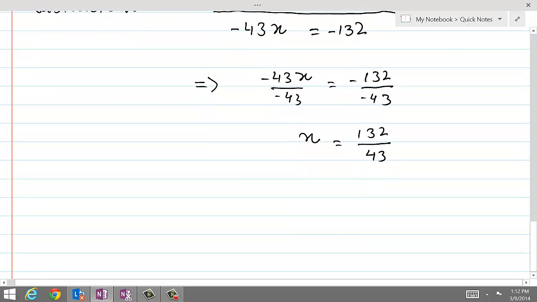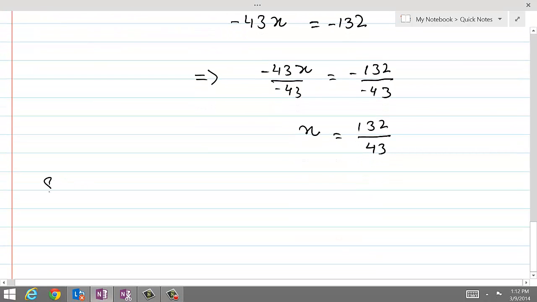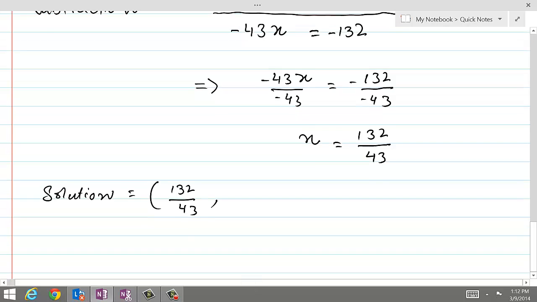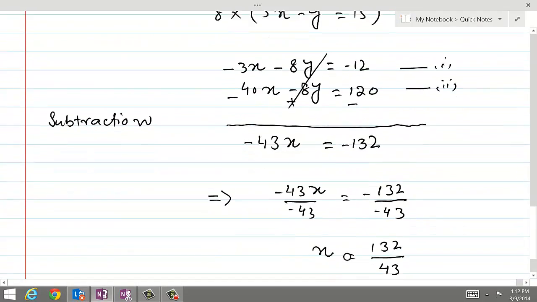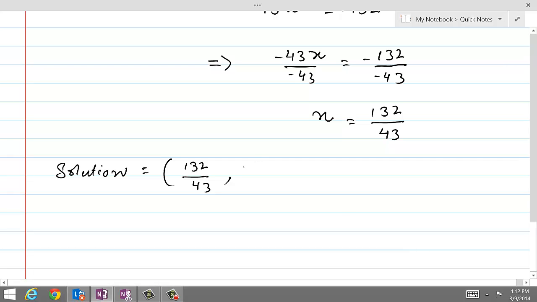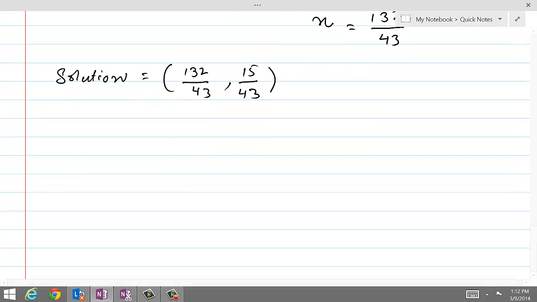And the solution we get, or what we call the point of intersection, is 132 over 43 and what is the value for y here? We have already calculated that value is 15 over 43. And this point must lie on both of those equations if we want to verify.